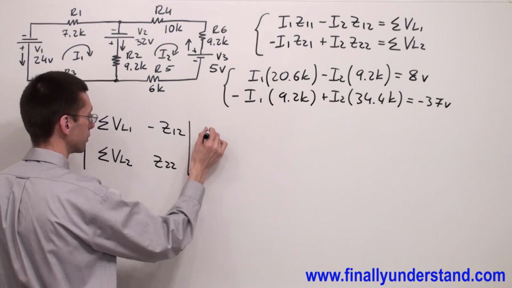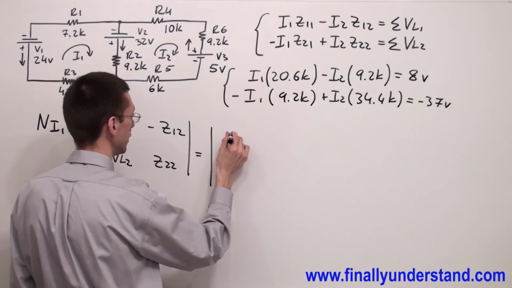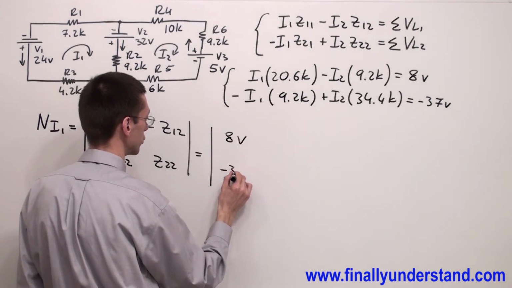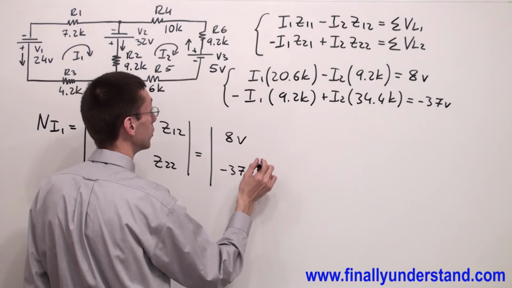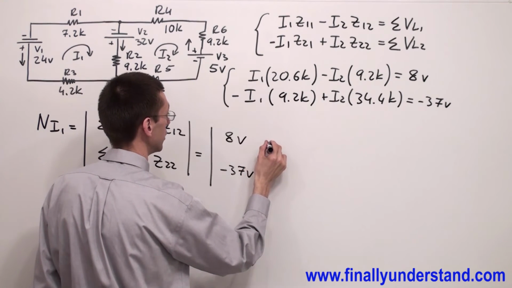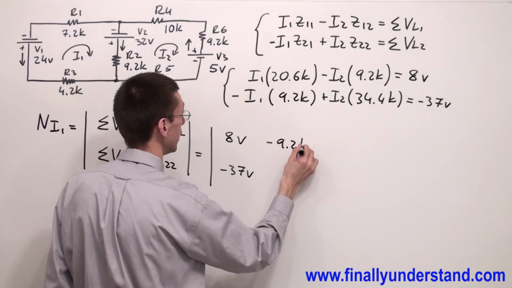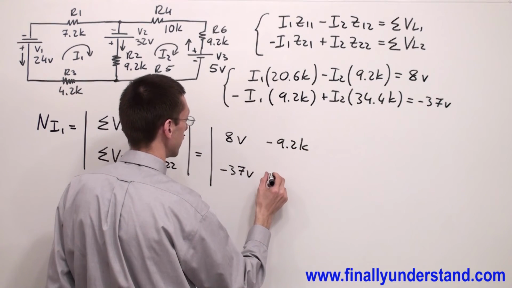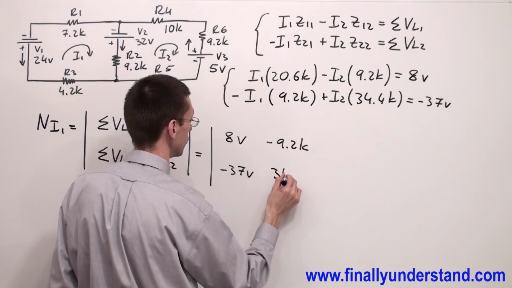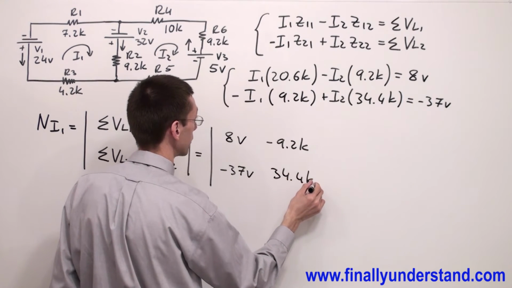Plug in the numbers. You will have 8 volts and minus 37 volts, and I have negative 9.2 K, and I have 34.4 K.